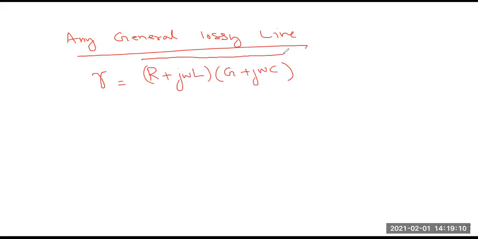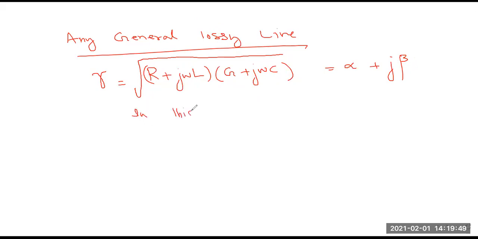If we are able to separate the real and imaginary parts, then we know that the real part will be alpha and the imaginary part will be beta. If you simplify this so that you can get alpha and beta, you will find that beta will not be a linear function of frequency.